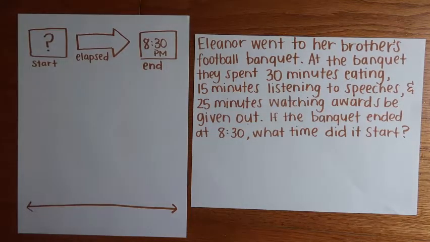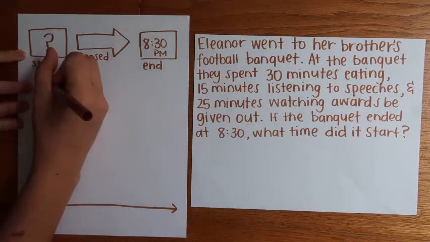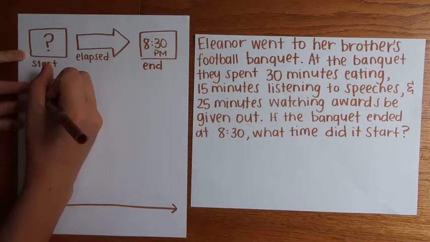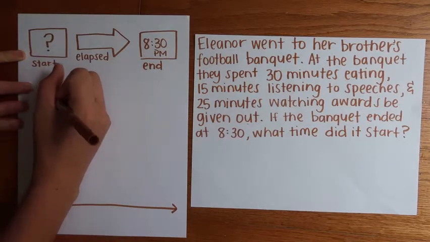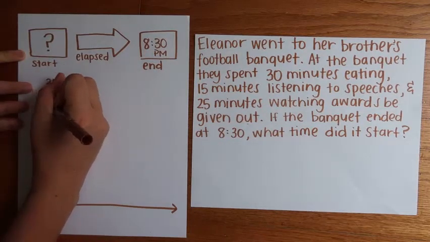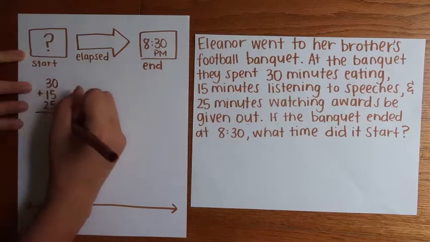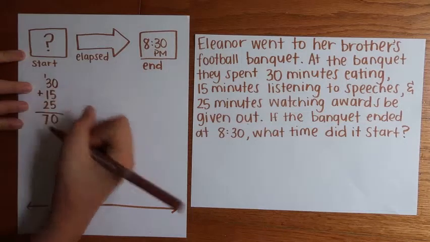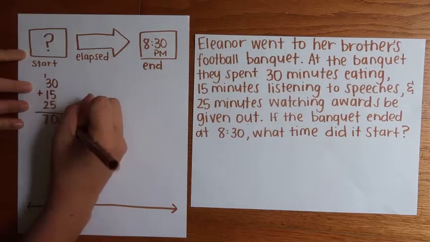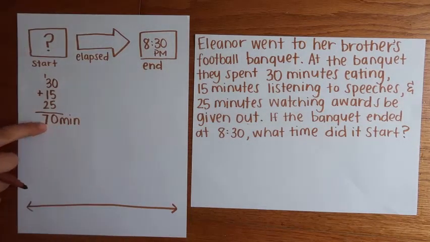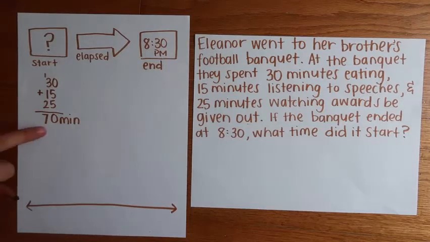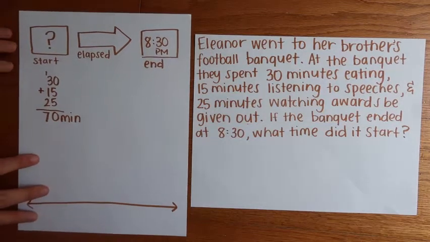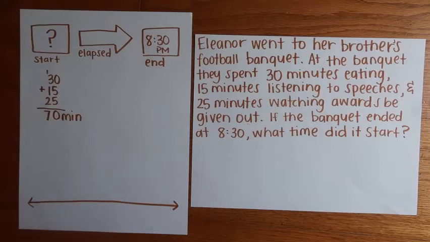And so to do that, we're just going to add up all the times. We got 30 minutes eating, 15 minutes of speeches, 25 minutes watching those awards be given out. And when I add all of those up, I'm going to get 70 minutes. And here's where we're going to use another step that we've been doing too. We're going to convert that now to hours to make it a little bit easier for us in the end.